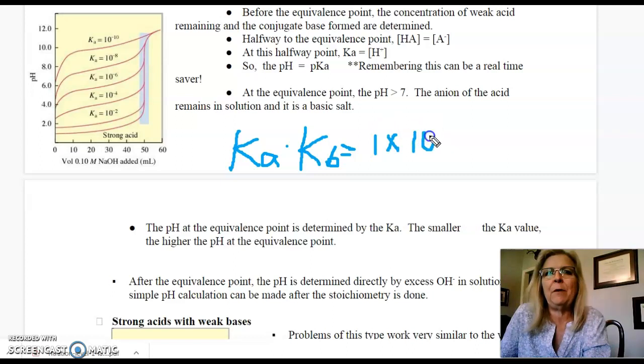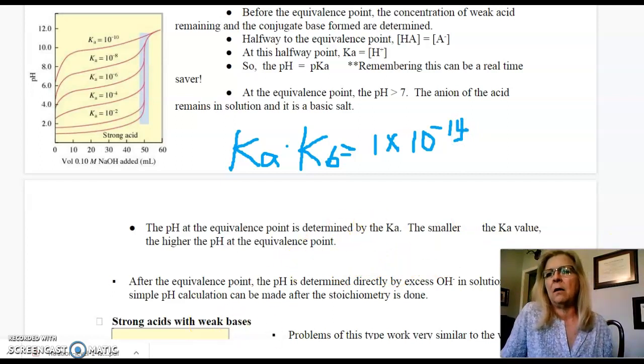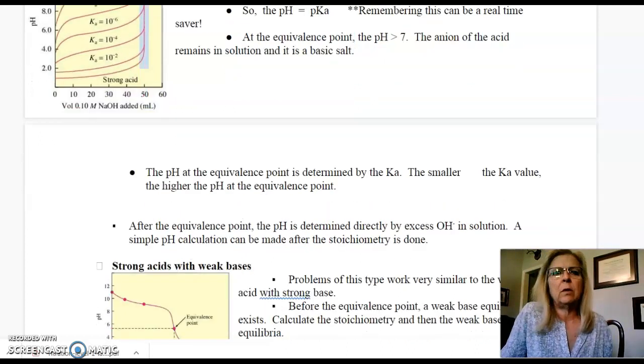That should look familiar because that should bring to mind the entire pH scale, and you're absolutely right. That's exactly what it does. So Ka times Kb is the same as 1 times 10 to the negative 14. All right, we're going to continue scrolling here.